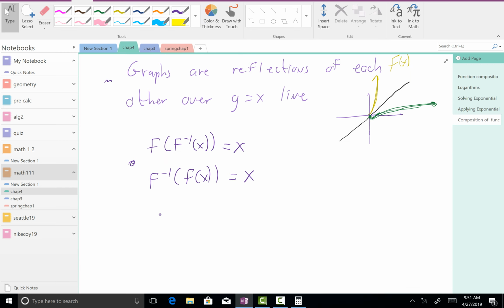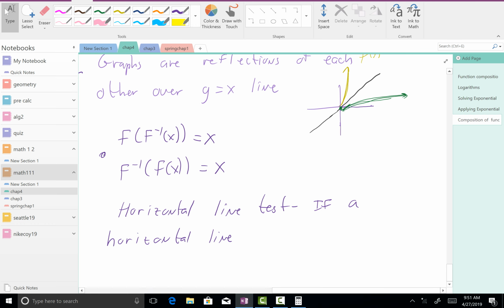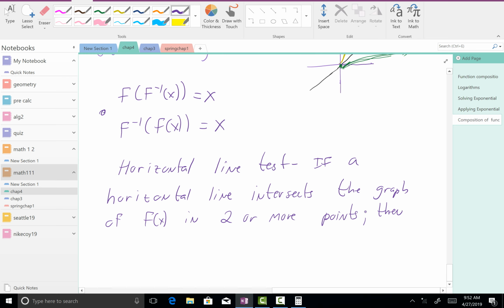And the horizontal line test: so if a horizontal line intersects, touches, passes through, use whatever word you want there, intersects the graph of f of x in two or more points, okay, then the inverse of f of x is not a function.